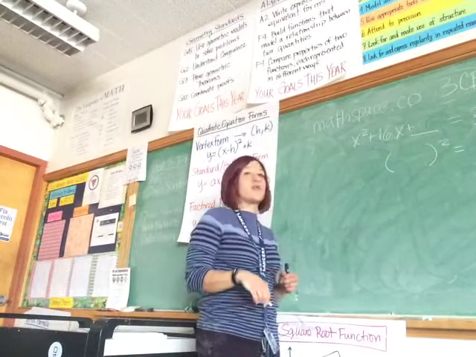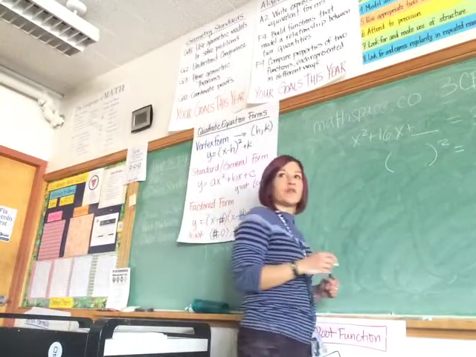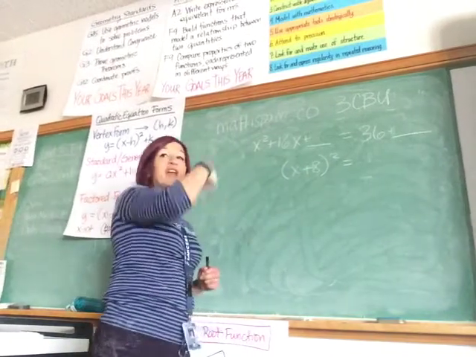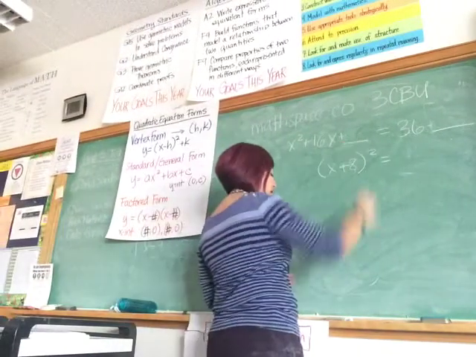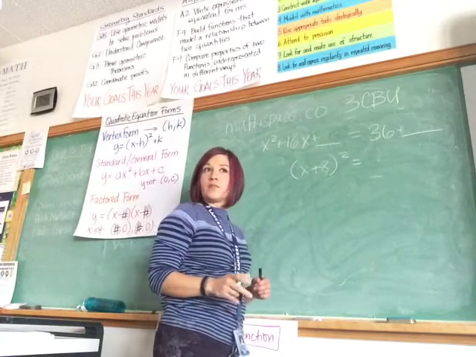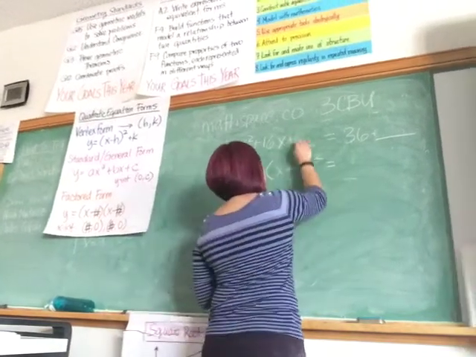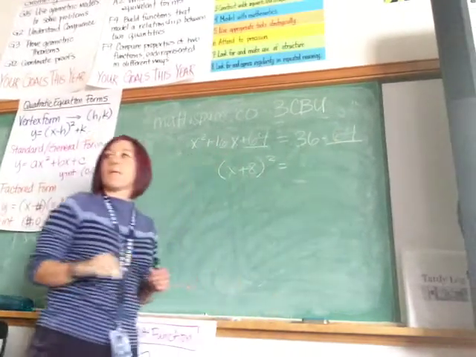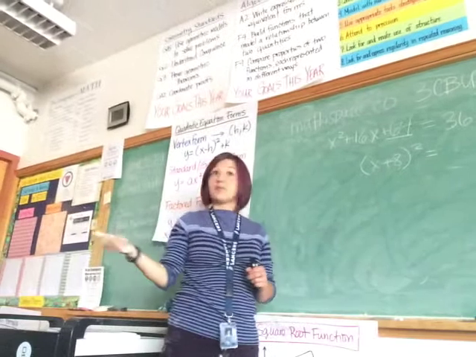So Tomas says it's going to be x plus 8. Do we agree with Tomas? Yeah, why? Because half of 16 is 8. What goes in the blank? 64. Why 64? Because it's 8 times 8.